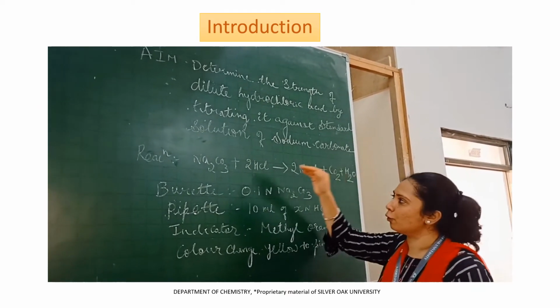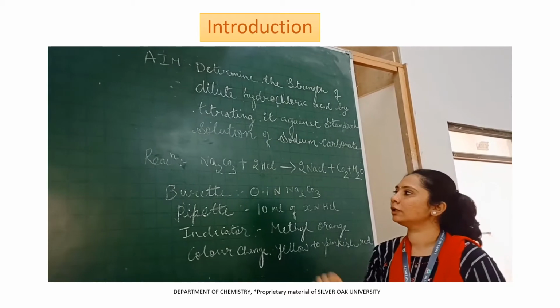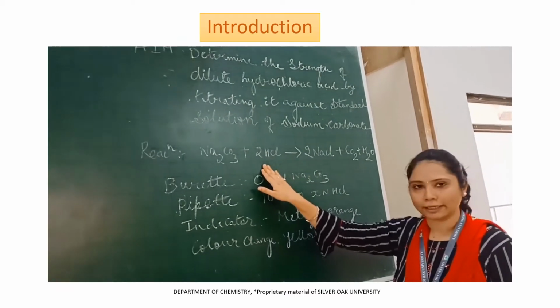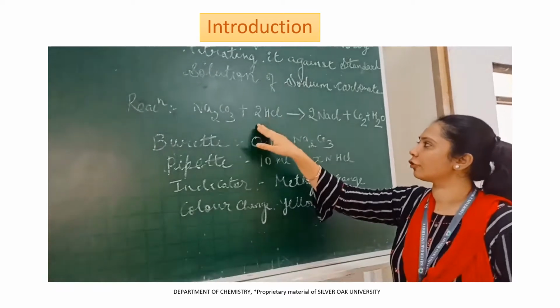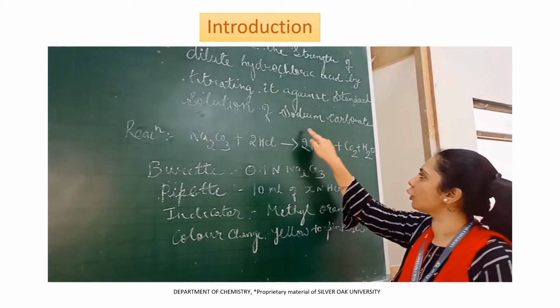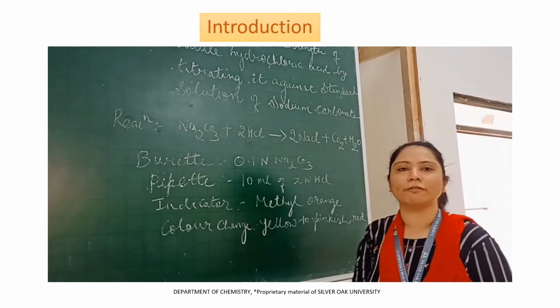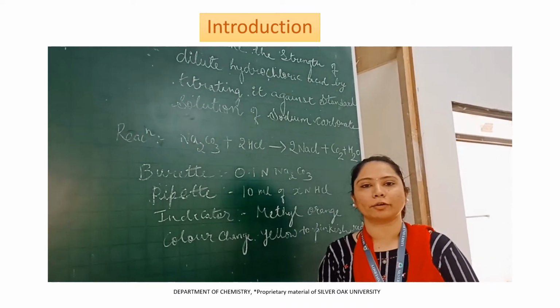So, I hope you understand what the reaction is. The reaction is titrating acid and base. Due to titration, there will be formation of salt and water, and carbon dioxide will be a side product.